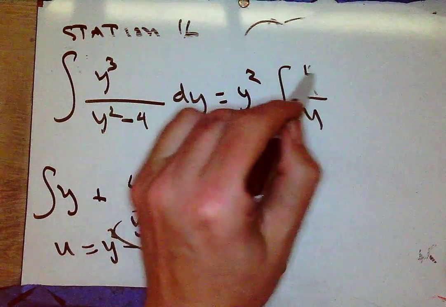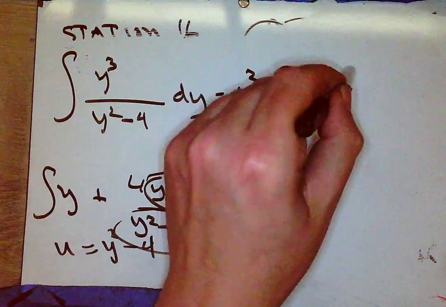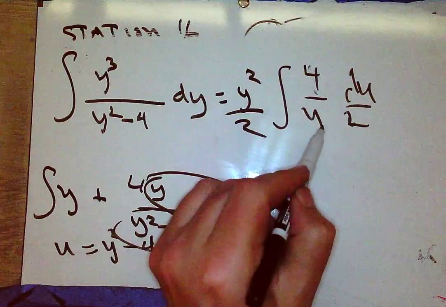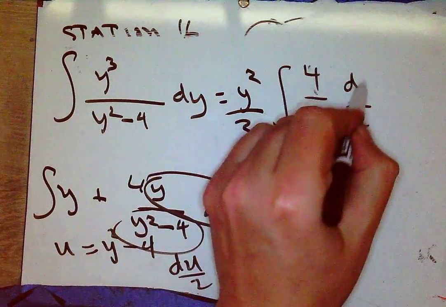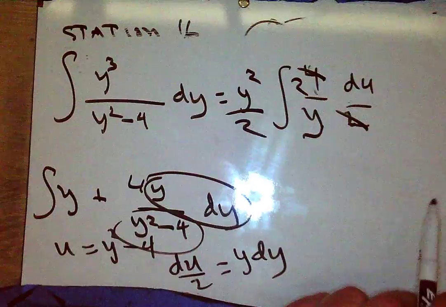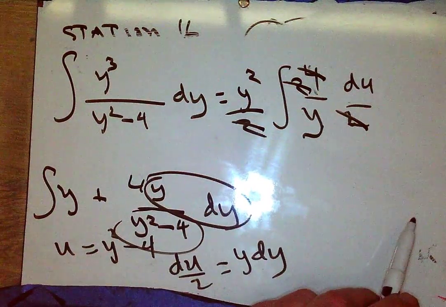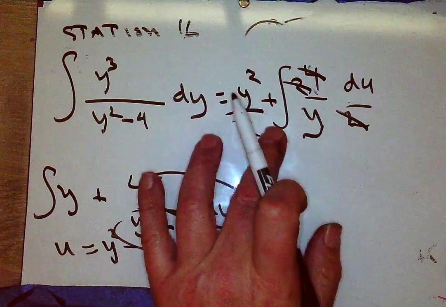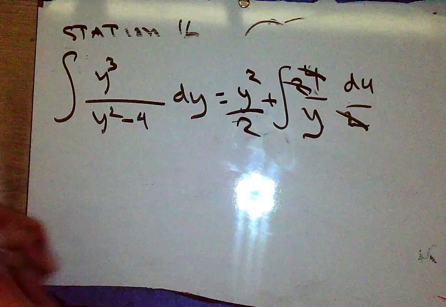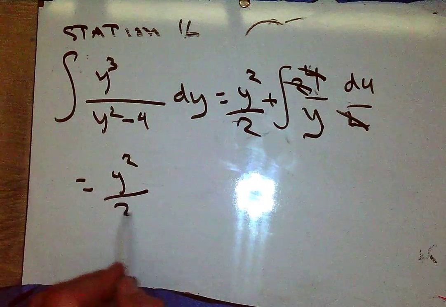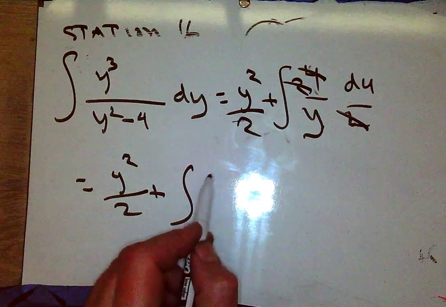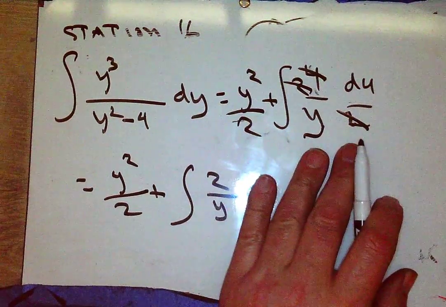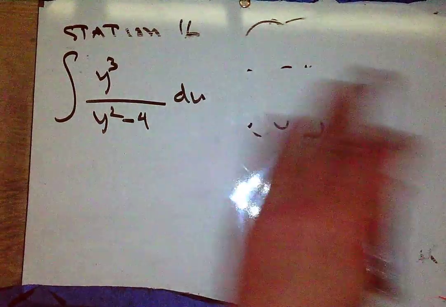No, it's 4 over u du over 2. Well, that cancels there, and that cancels there. Oh, no, there was a sign. What was it? It was a plus sign. There we go. Okay, so can we tidy this up a little? Y squared over 2 plus the integral of 2 over y. That's supposed to be a u. Yeah, sorry, can't do it again.